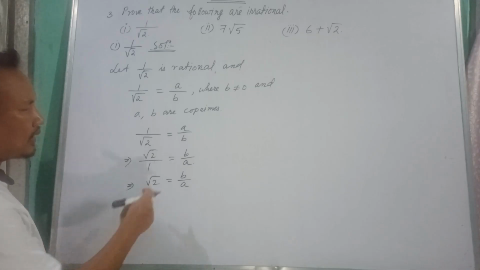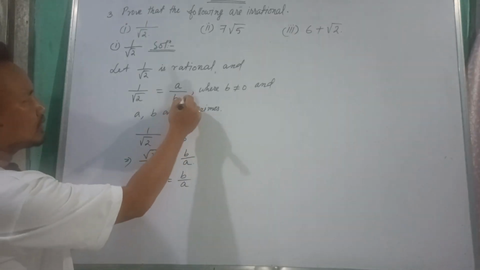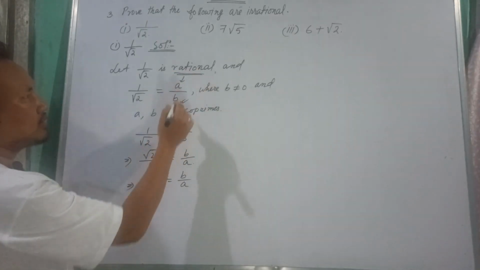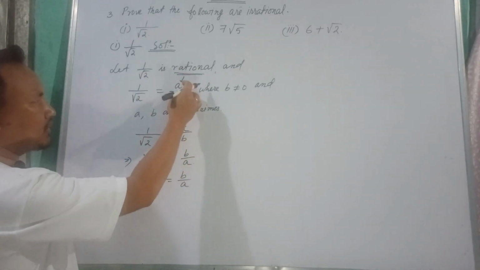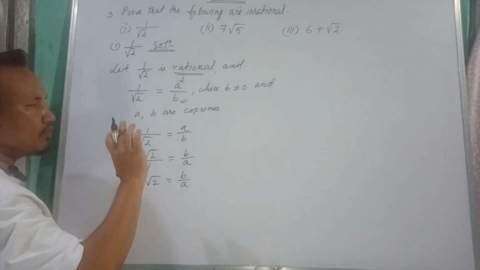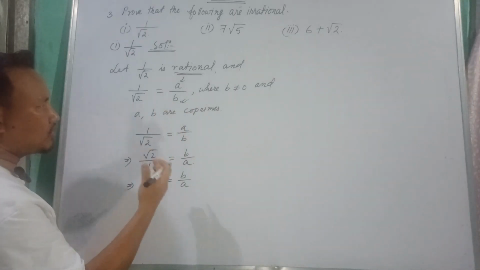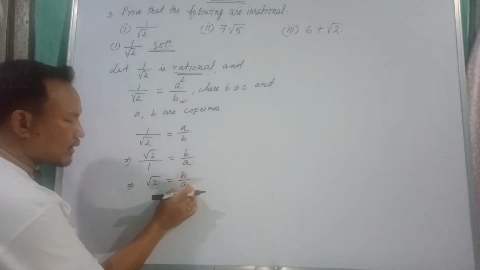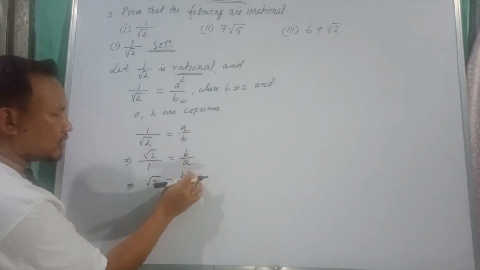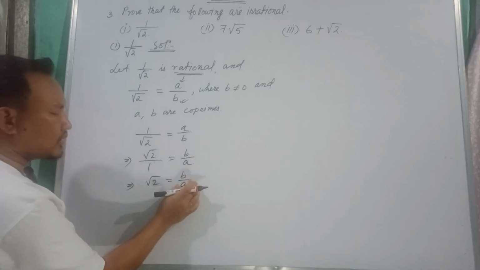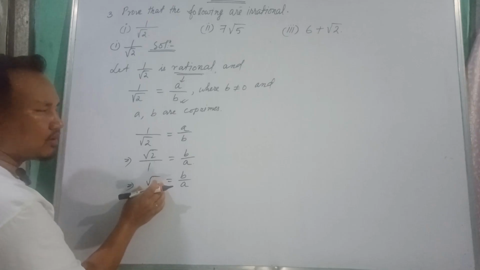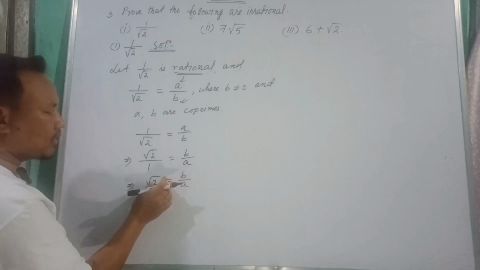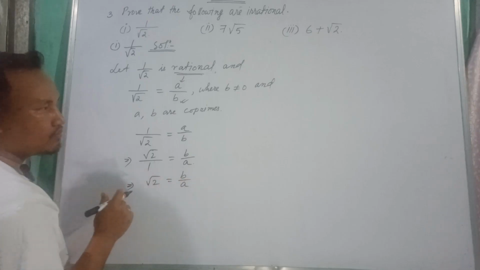So now if you look here, a by b was rational. See here, a by b is rational, right? That means b by a is also rational, because if you take the reciprocal of any rational number, it is a rational number. A by b is rational, so b by a is also rational. Rational is equal to some number. If it is given equal, that means this should also be rational, right?